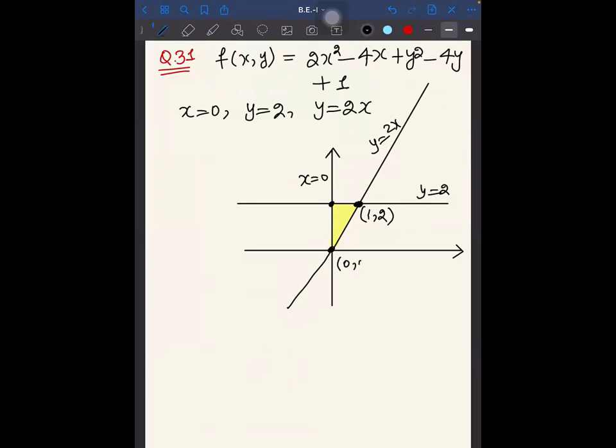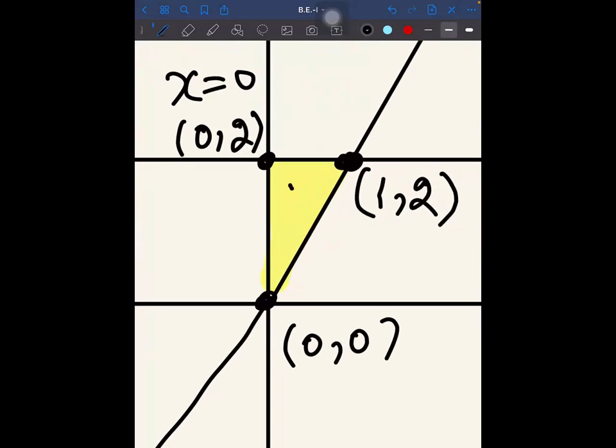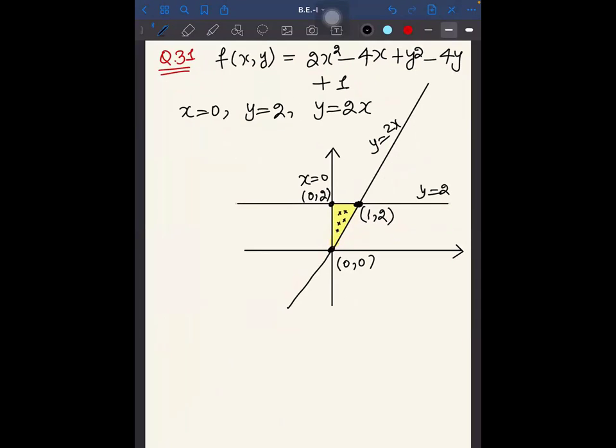So this is 0, 0, and this is 0, 2. Is it okay? So let's try first for local maxima and local minima. That means we'll be talking only about interior points, points which are interior to this region. So how we do it? We'll simply calculate fx and fy, and we'll keep them to 0.